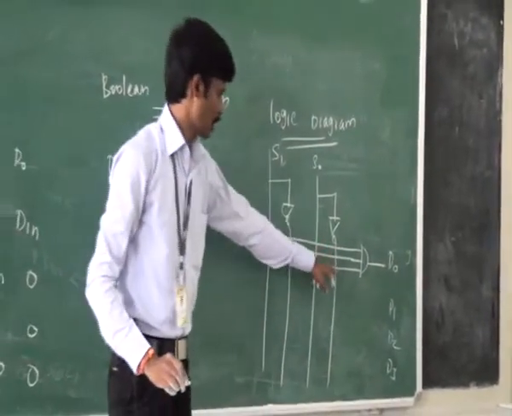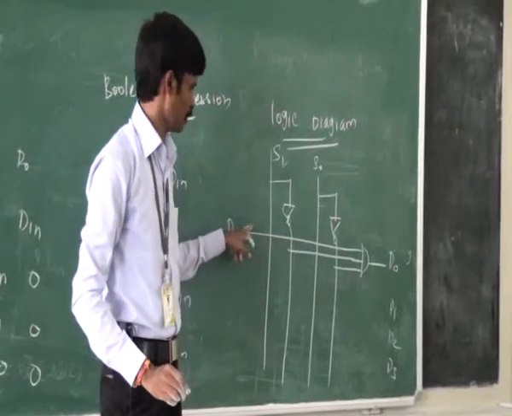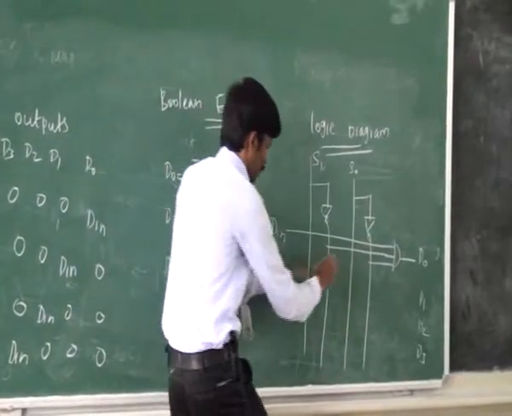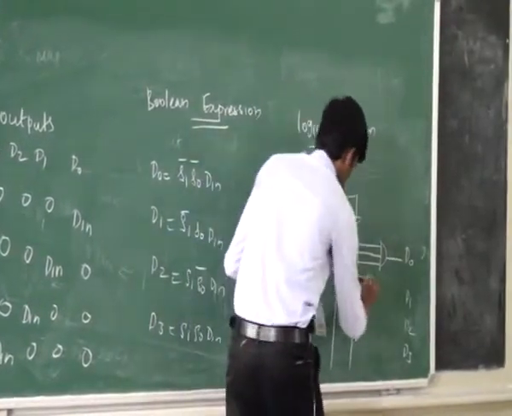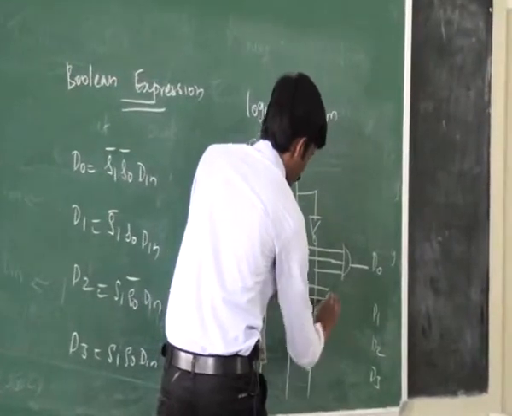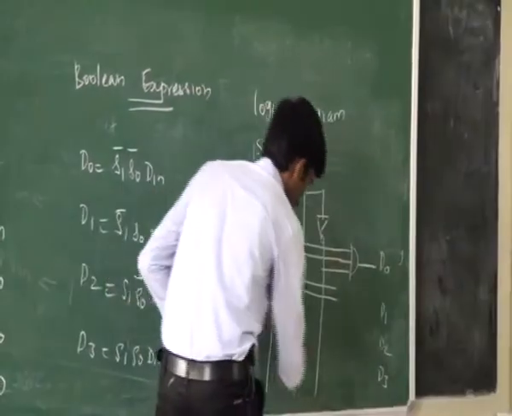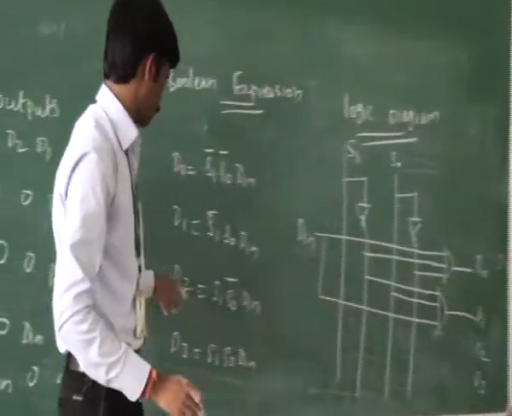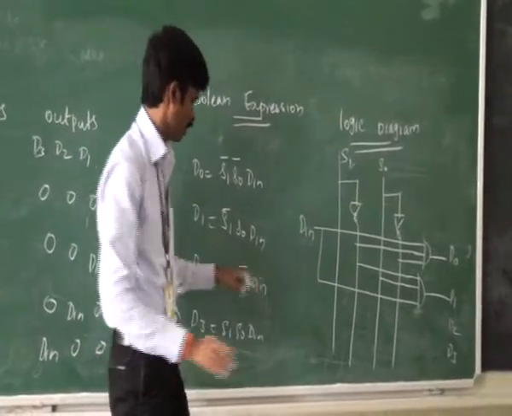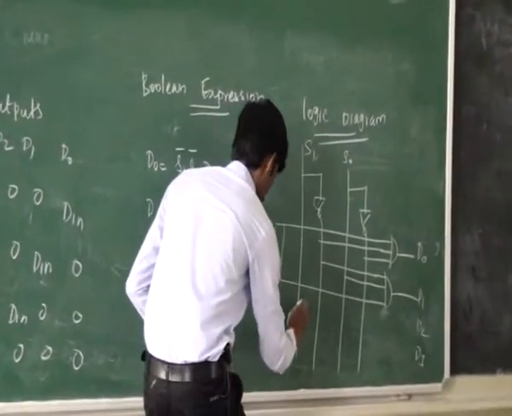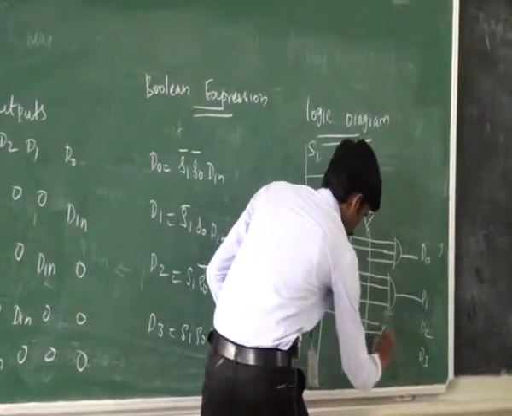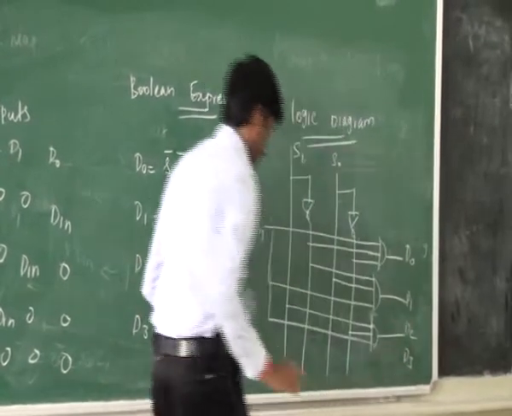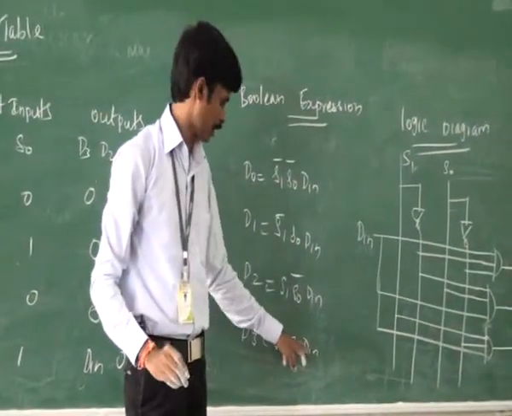Then D1 is equal to S1 bar into S0 into Din. This represents S1 bar, this represents S0, then this represents Din. Then D2 is equal to S1 into S0 bar into Din. Then D3 is equal to S1 into S0 into Din.